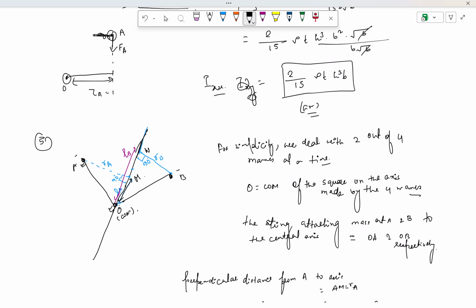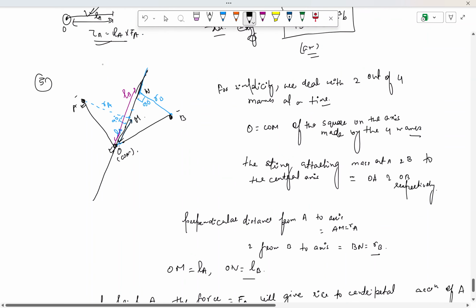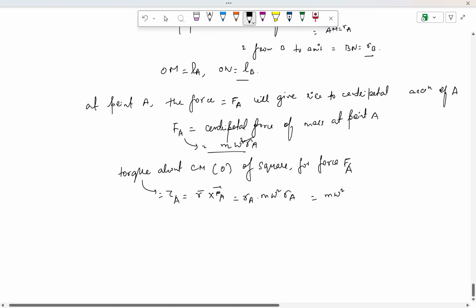So tau A will be, if this distance is LA, then LA cross F. So this horizontal distance needs to be taken. For this case it is LA, and for the other point mass B, it is LB. So this R is basically LA. So this is m omega squared LA RA.